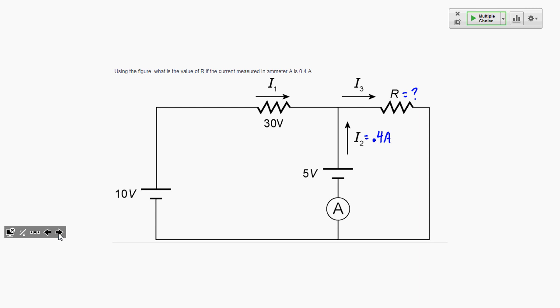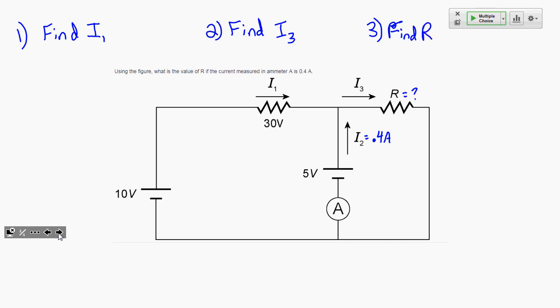There are 3 steps that you need to take in this. First, you need to find I1. That's your first step. Your second step is you need to find I3. And then your third step, you want to find R. To find I1, you're going to use the loop rule.